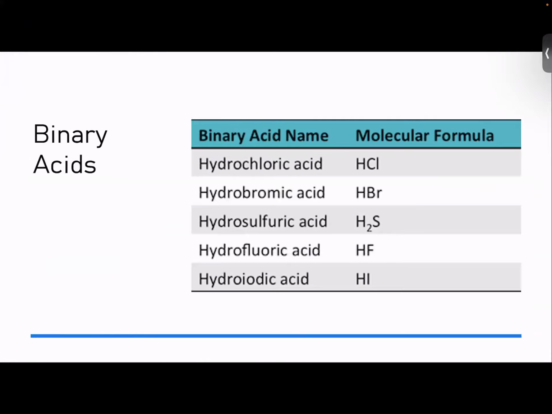So again, now that I've gone over the rules, I've even given you some examples. I will give you a few more examples. Binary acids, hydrochloric acid with the HCl, and the way I am going to tell you it's an acid is I'm going to tell you that it's aqueous.